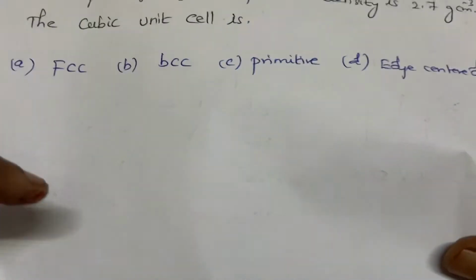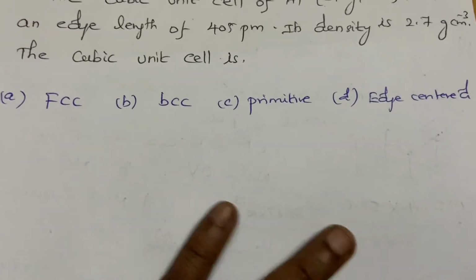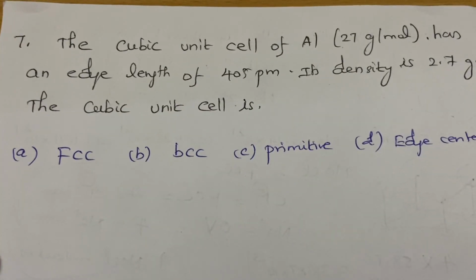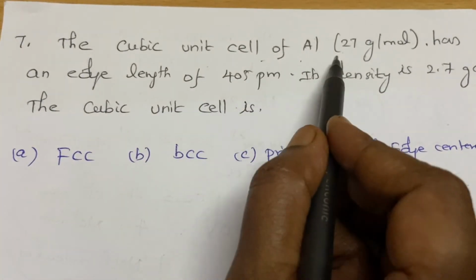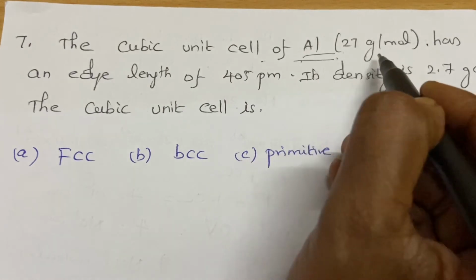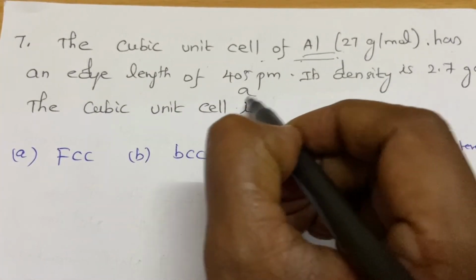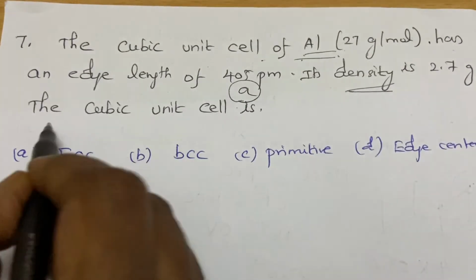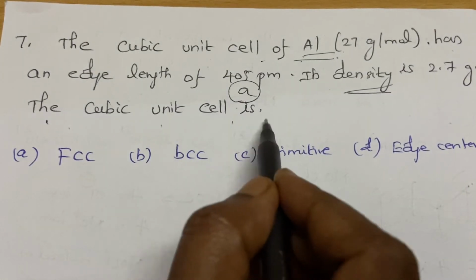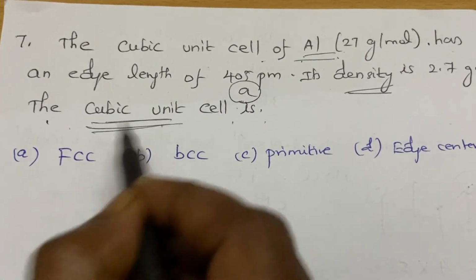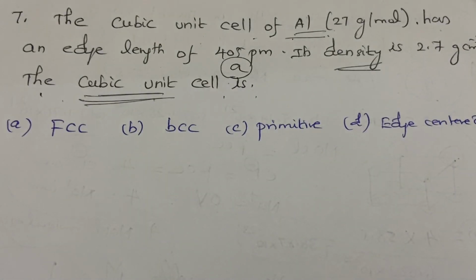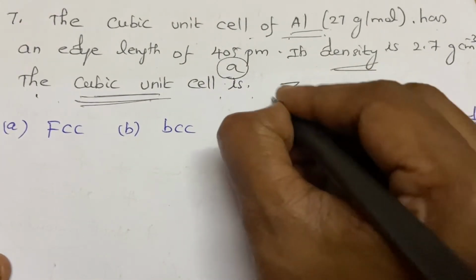This is the answer. So first you have to approach whichever data is available, and use that kind of formula. Next, the cubic unit cell of aluminium: here the type of element is given with its atomic mass, the edge length a is given, and its density is given. You have to find out the type of unit cell, which is defined by the Z value.